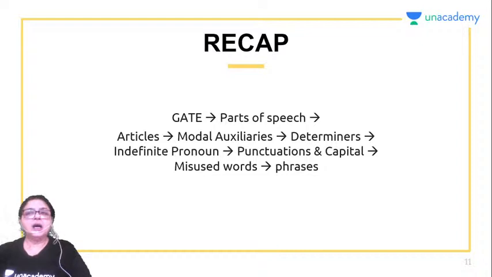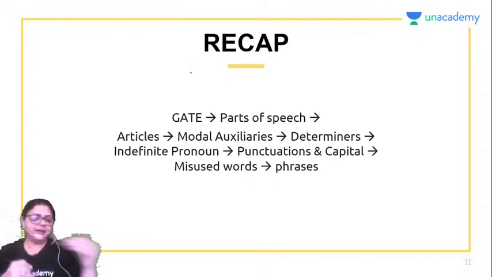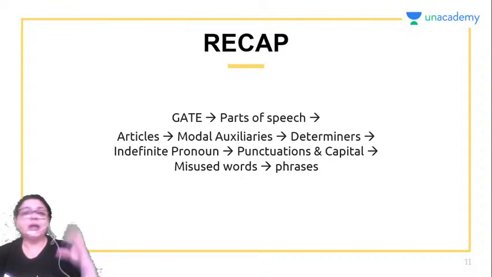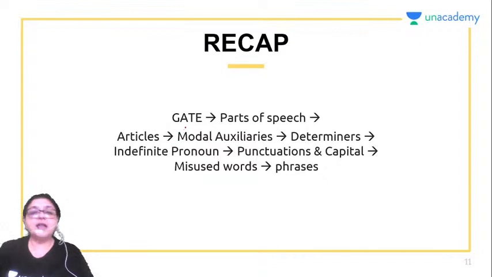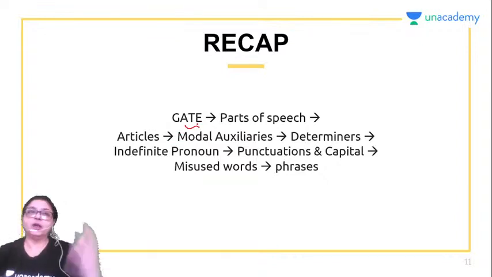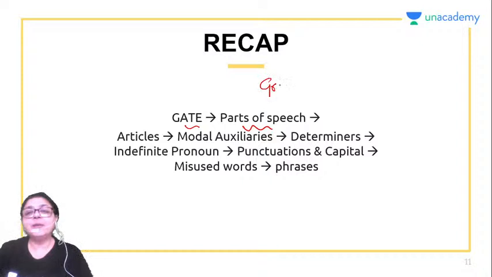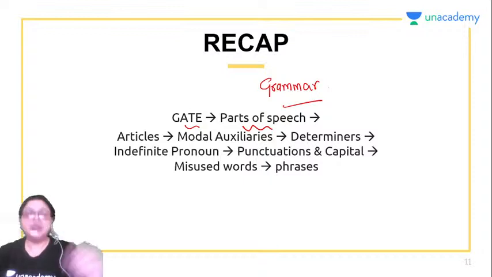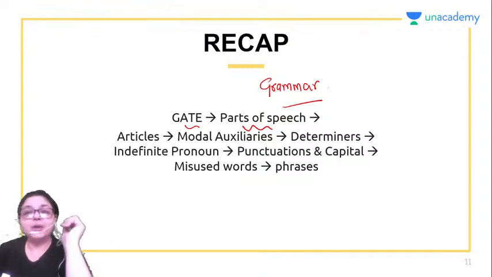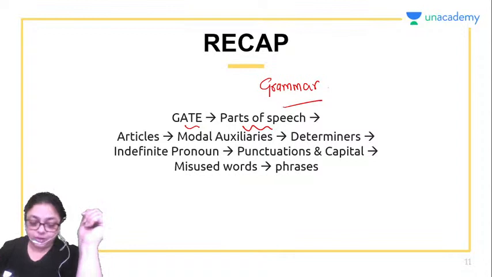Now, first I'm going to do a small recap of what I have been doing in all my lectures so far. First of all, I started with GATE to explain what GATE is, how you do the question answers, and how you approach each style of question that comes in GATE. After that, I started with parts of speech. Why did I start with grammar? It's very important to understand grammar before you get into anything, because if you know your grammar, you know how to give answers to the questions that come.